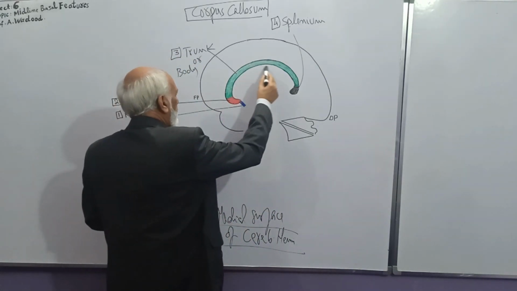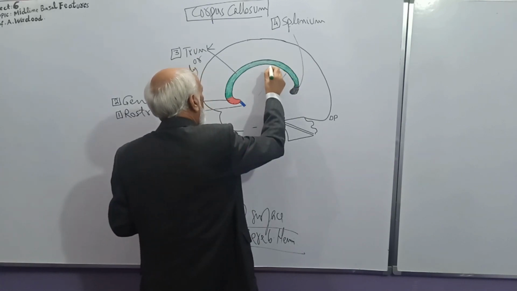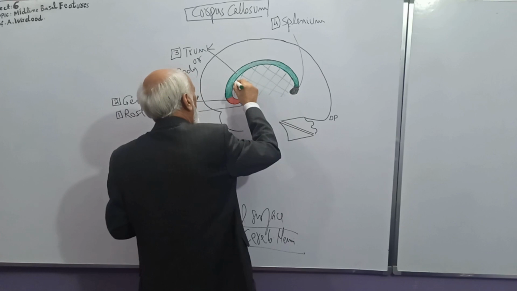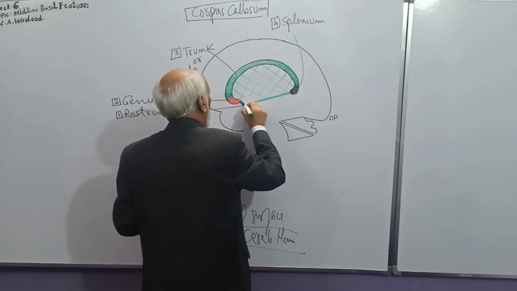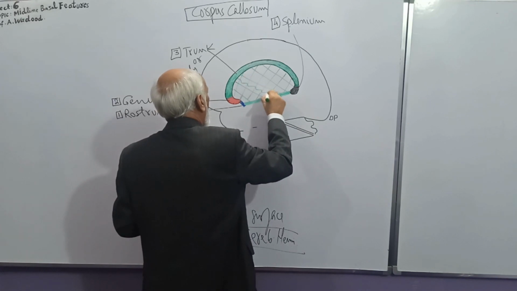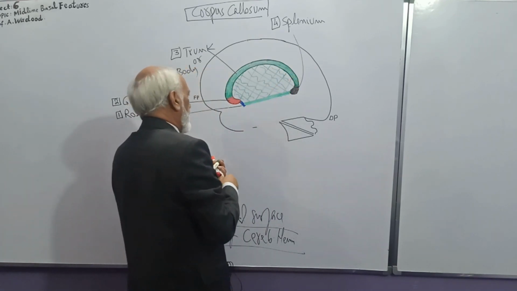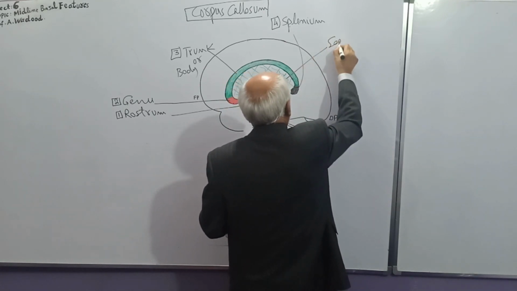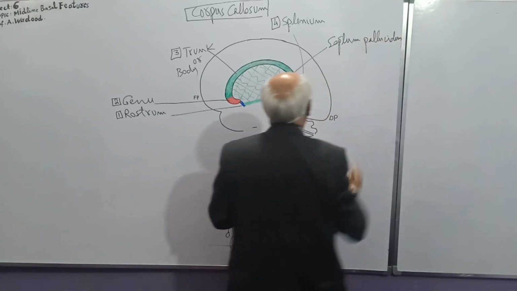From the under surface or lower surface of the corpus callosum, there is a double layer of tissue forming a sort of septum. This is known as the septum pellucidum.